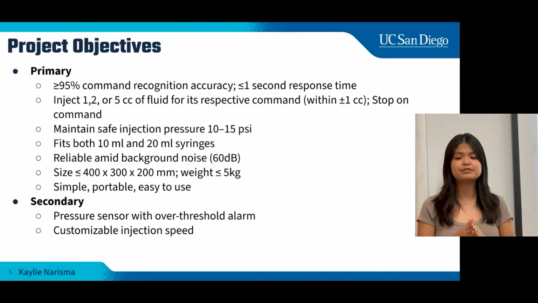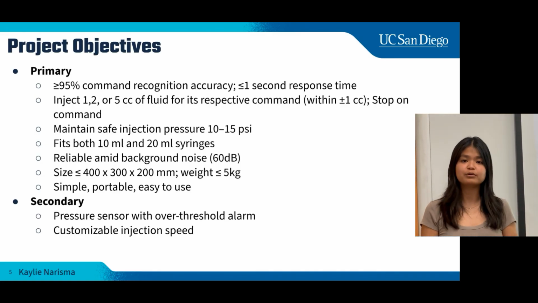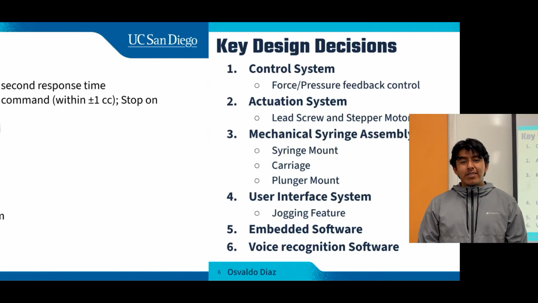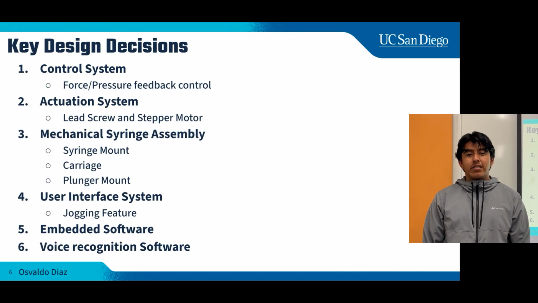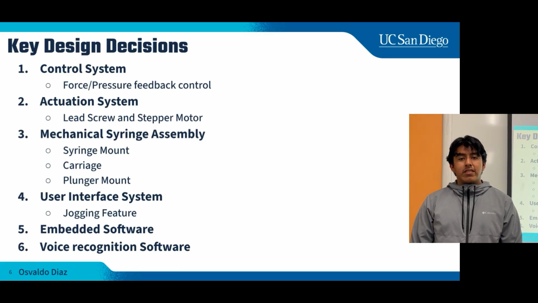And for our second objectives, we were tasked with placing a pressure sensor with an over-threshold alarm and a customizable flow speed. In the following slides, we'll go over the key design decisions for the control system, actuation system, mechanical syringe assembly, user interface system, embedded software, voice recognition software.